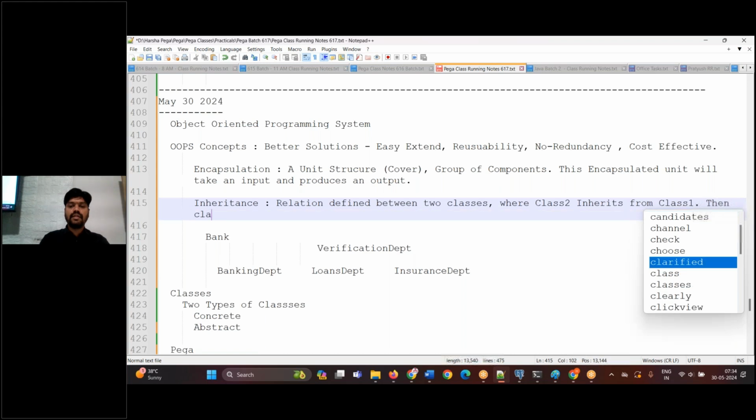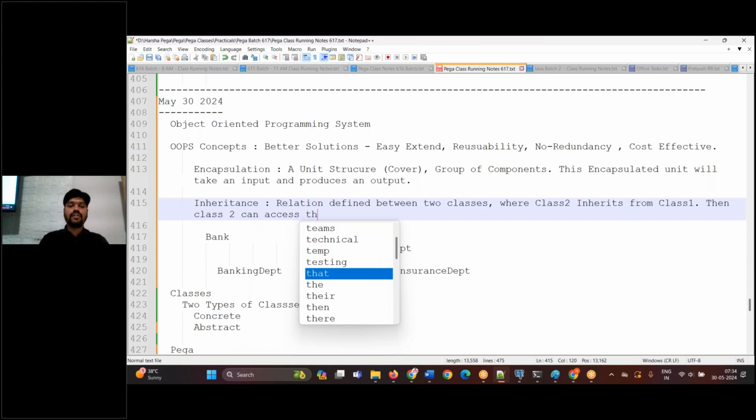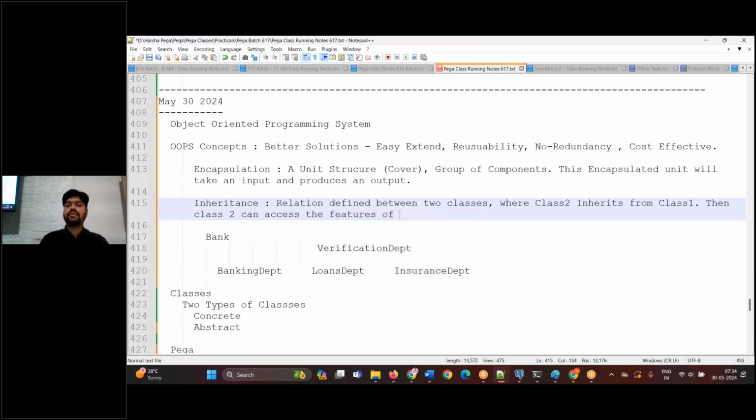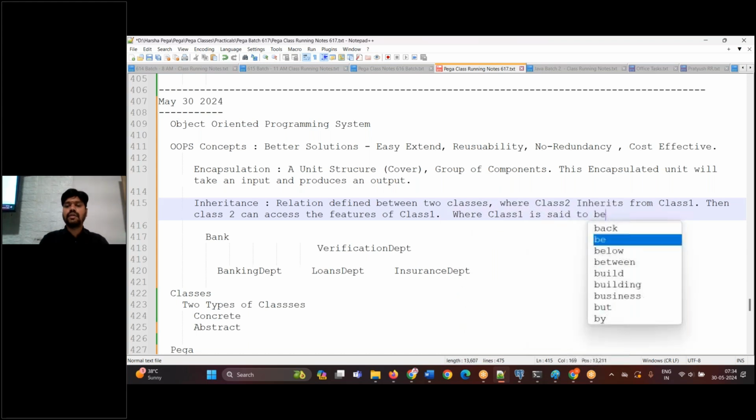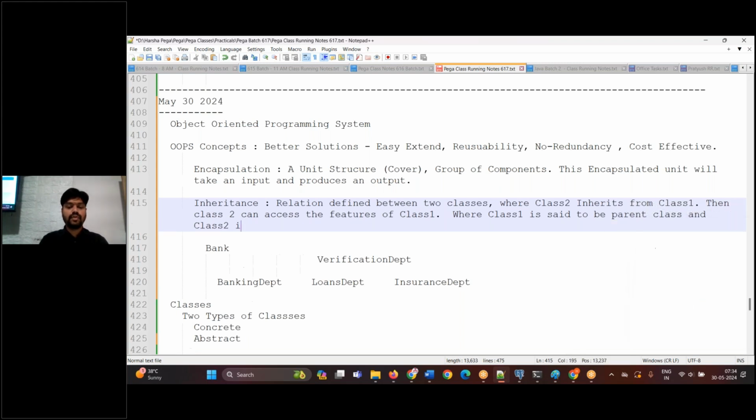Then class 2 can access the features of class 1, where class 1 is said to be the parent class. What is it said to be? Parent class. And class 2 is said to be the child class.